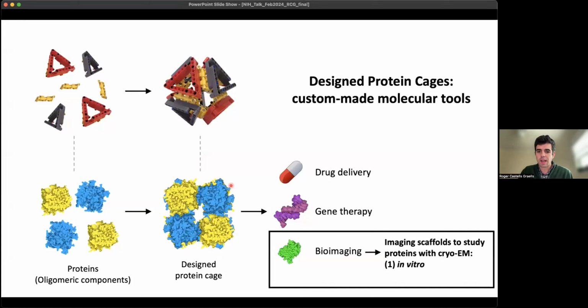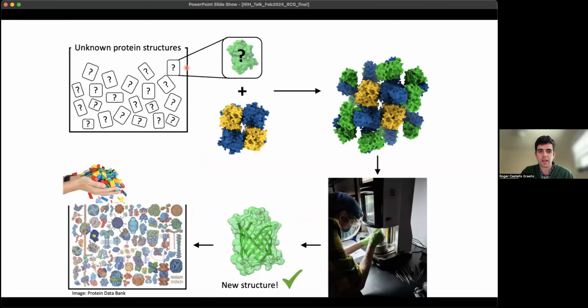As I was saying, I'm going to tell you how we are using these protein cages to now study small proteins. So the idea is that we have a lot of small proteins that we cannot study with cryo-EM, and then we attach them to a protein cage. And then what we have is a much larger assembly that now we can identify and see in the cryo-EM, and then we just need to collect data and get the structure for the whole complex, and then isolate the information for the small protein of interest.